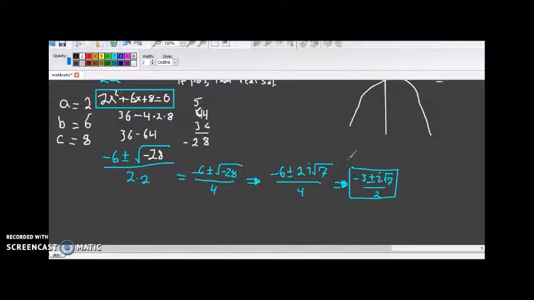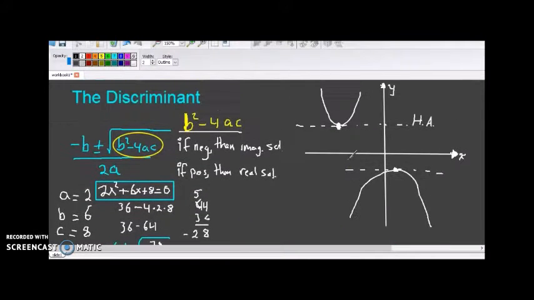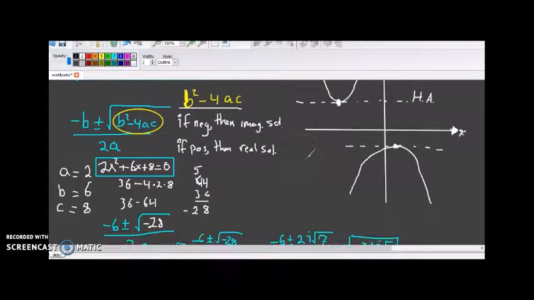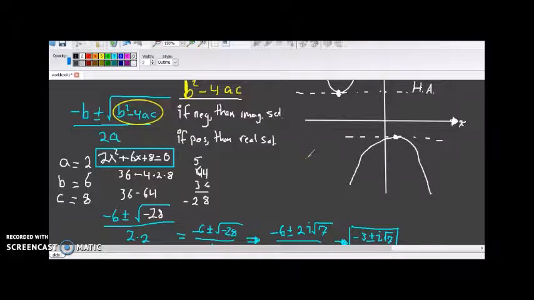So that's the discriminant, and we're going to be working through a couple of problems together now. So just take a second to sit back, let that sink in, and then we'll be able to move on from there.